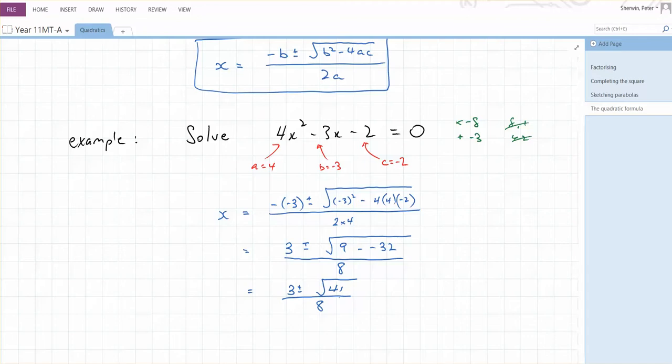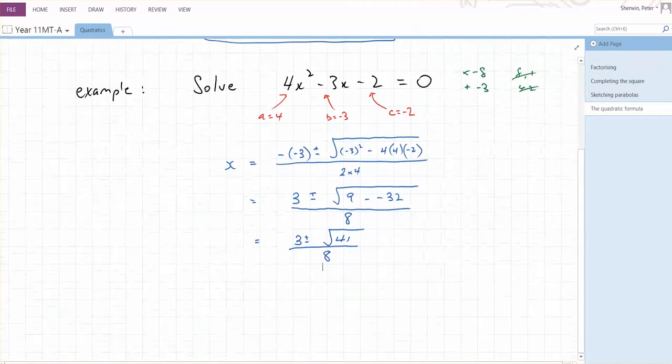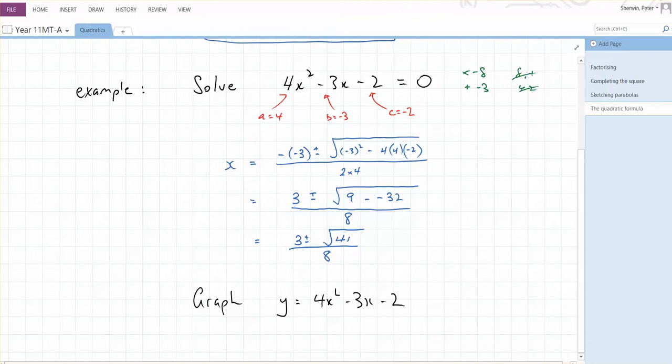Now this is going to be of use firstly just to find the values of x, as we've done there, but if the task was to graph y equals 4x squared minus 3x minus 2, then we could use these values as our x-intercepts, because this is the solution to 4x squared minus 3x minus 2 equals 0, and as we know, when y is 0, we're on the x-axis.